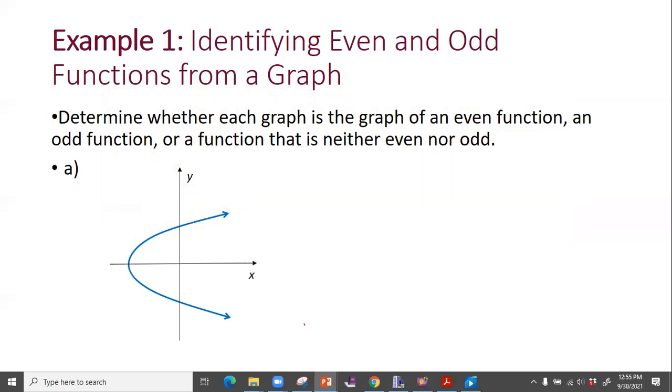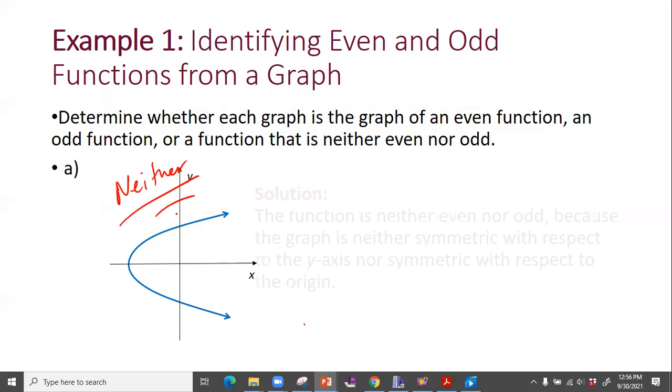Is this even a function? This is not. So when it says to classify as odd, even, or neither, this is neither, because it's not even a function, right? You see that?